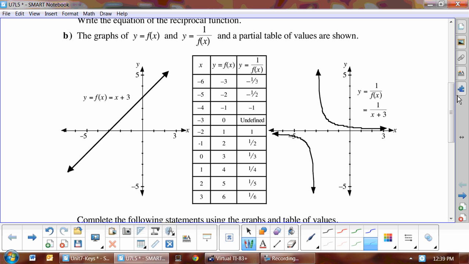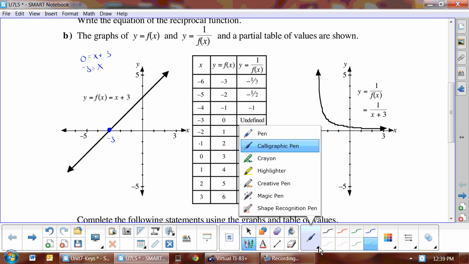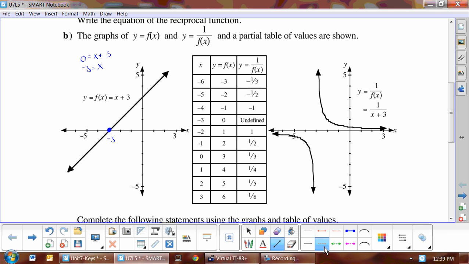In our original graph, our x-intercept is at -3, and we find that the same way we always have: set the equation to 0 and find what x equals. In the reciprocal function, that point becomes an asymptote. Right there.